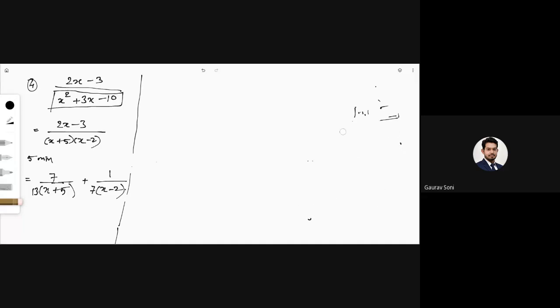In some cases, you may not be able to find the two numbers whose product is this. So what you do is x square minus 3x minus 10. What you can do is in your calculator, you can press mode. When you press mode, you will find different options over there. In that, one option is equations.